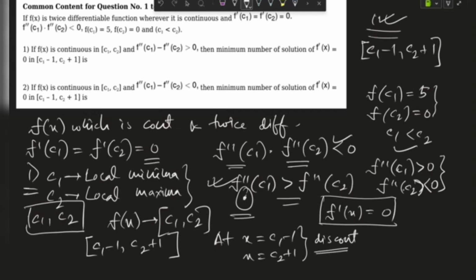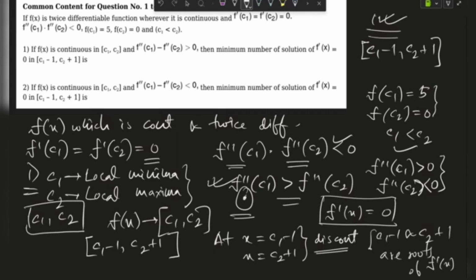Pretty obvious. So if this function becomes discontinuous here, either it will be due to vanishing or another reason could be a sharp corner. So basically c1 minus 1 and c2 plus 1 are also roots, not of f of x, please note, for f dash x, right?